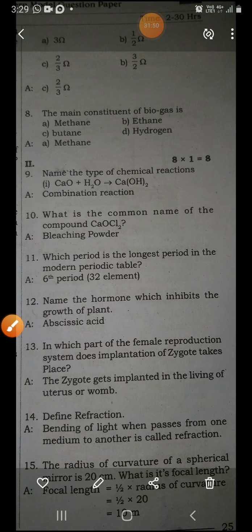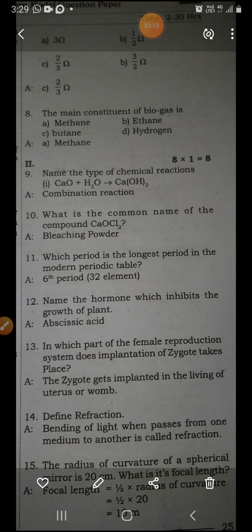Let's try to understand the 15th question. The radius of curvature of a spherical mirror is 20 centimeters. What is its focal length? The formula we know: focal length is half of the radius of curvature. So half into 20 is 10.